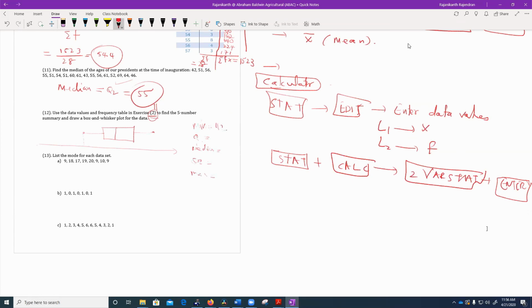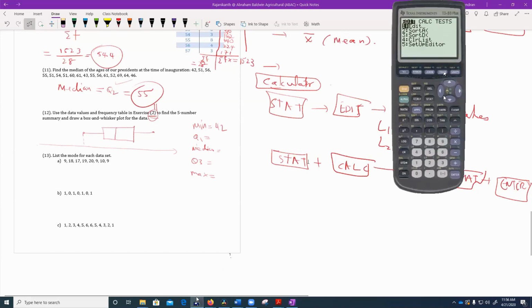Minimum 42, and the Q1. How much did we get for Q1? So we got Q1 is 51.